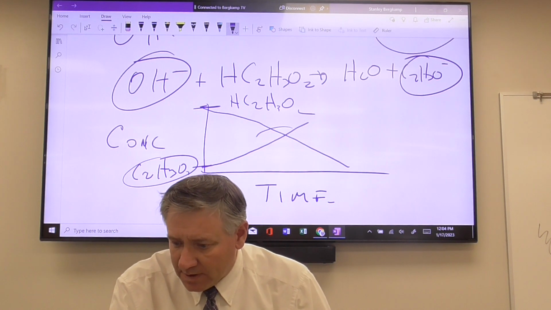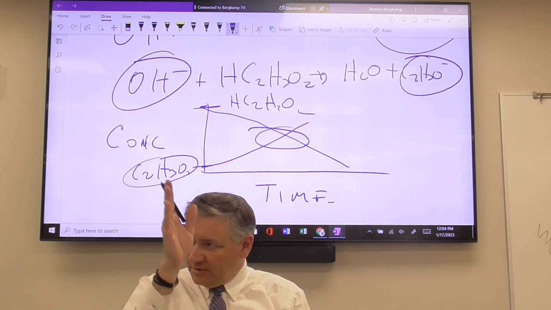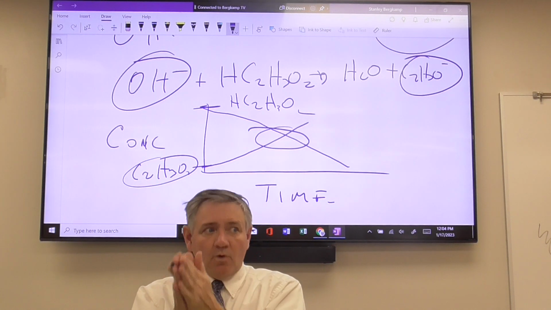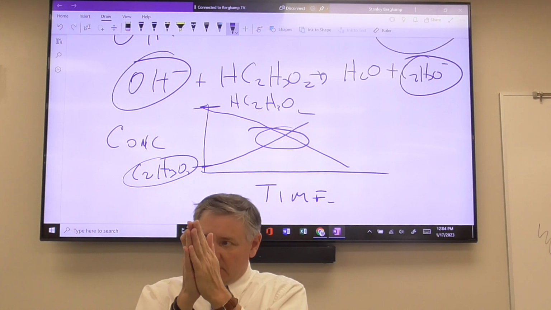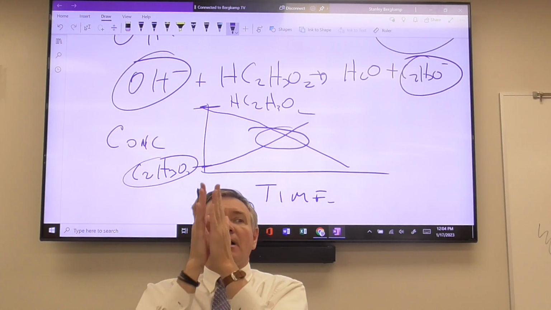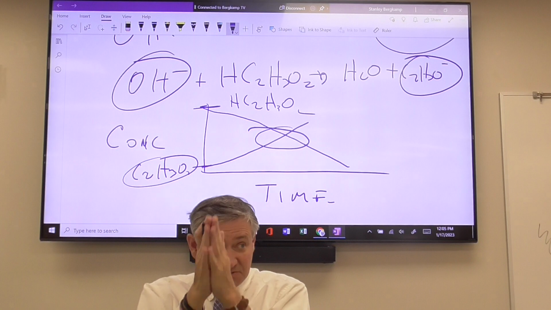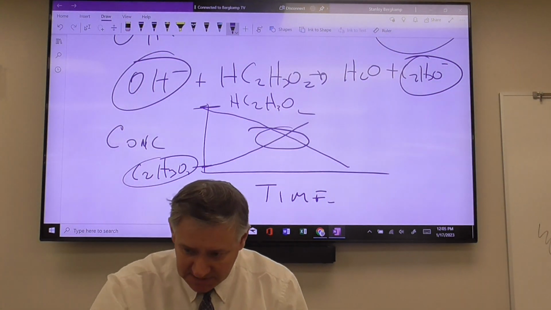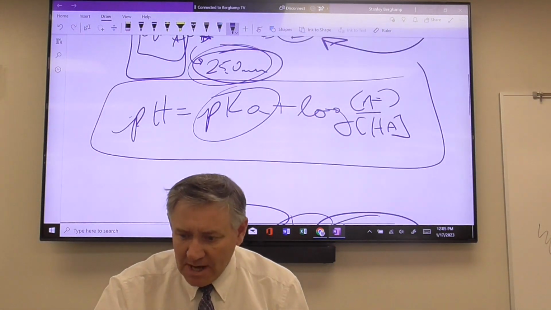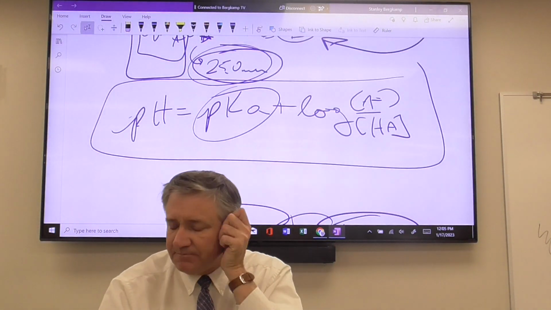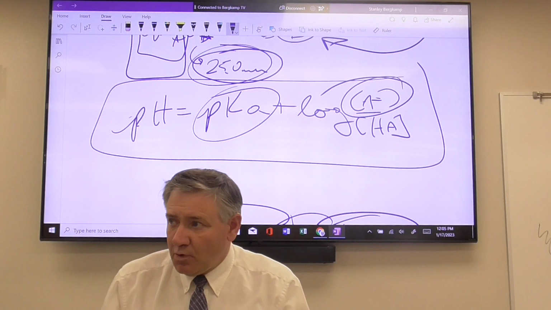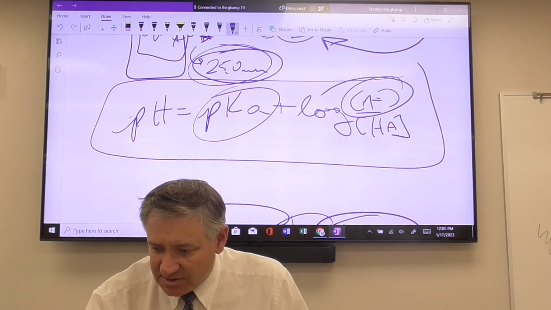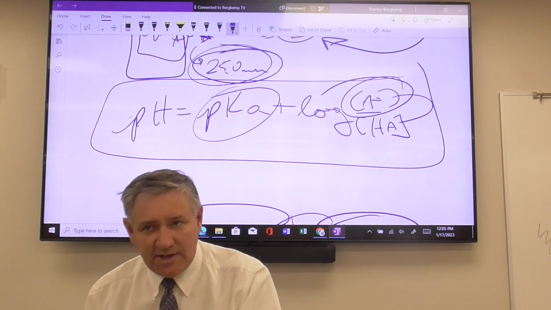So at some point, at half the equivalence point, those 2 concentrations are equal. And that's where the magic happens, okay? And this only happens, listen to me, at half the equivalence point. So if you go back up to this Henderson-Hasselbalch equation, at some point, when it's half neutralized, the anion concentration is going to equal the concentration of the acid.